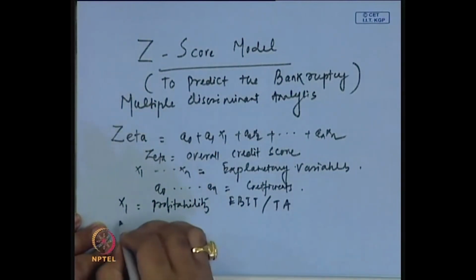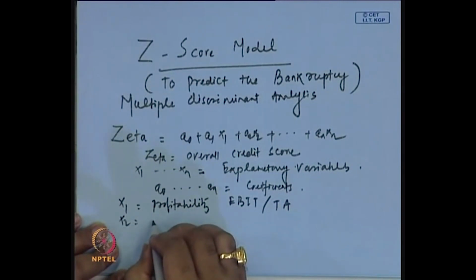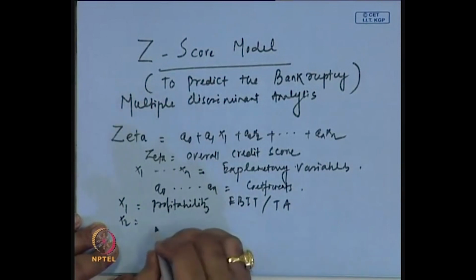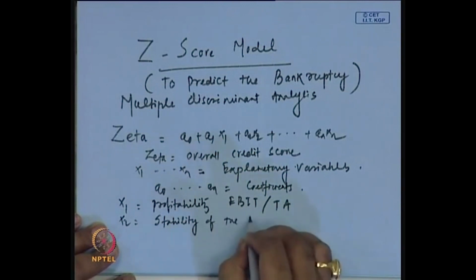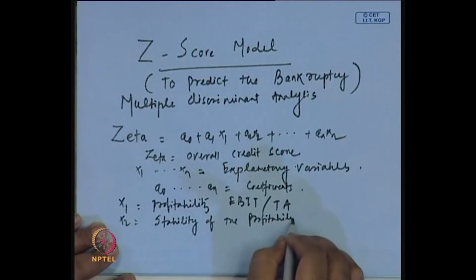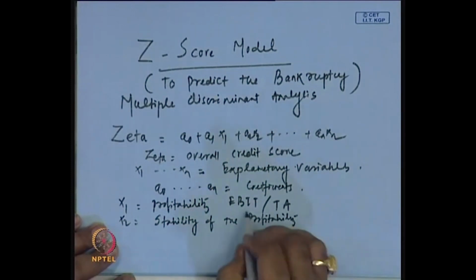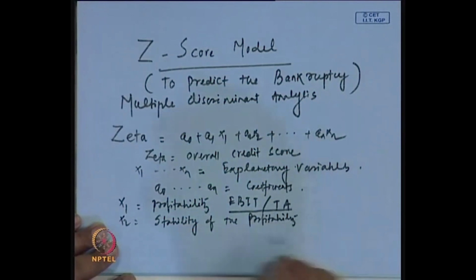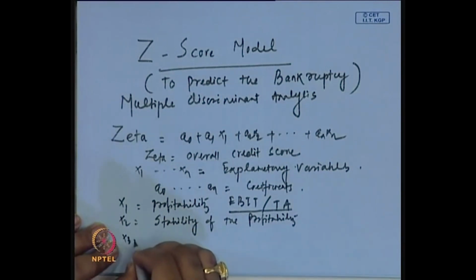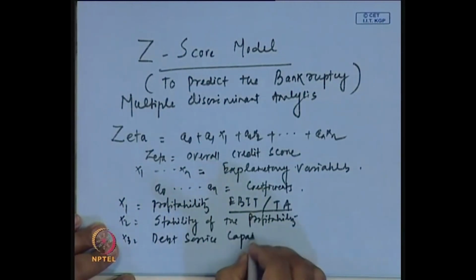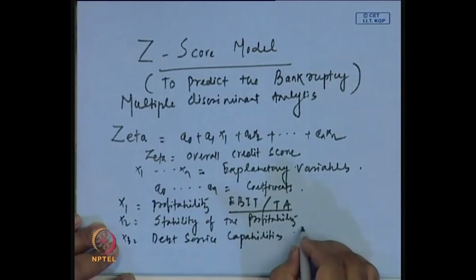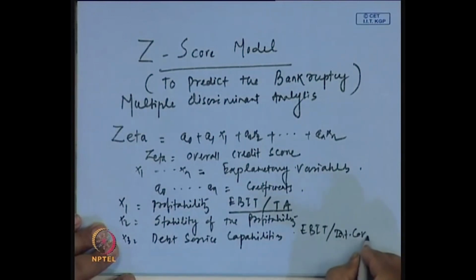Then another variable is the stability of the profitability, which is the standard error of the estimate of EBIT by TA for 10 years. Then you have debt service capability, which is the interest coverage ratio, EBIT divided by the interest charges.